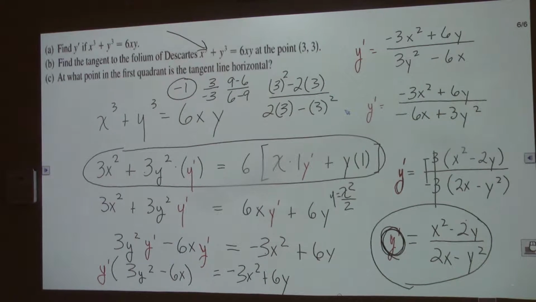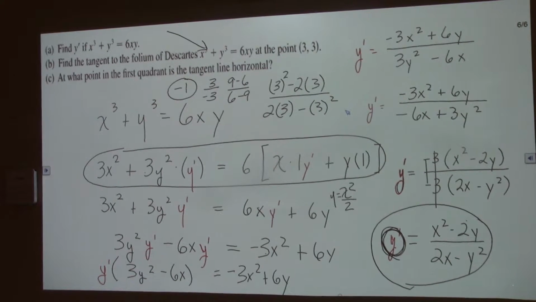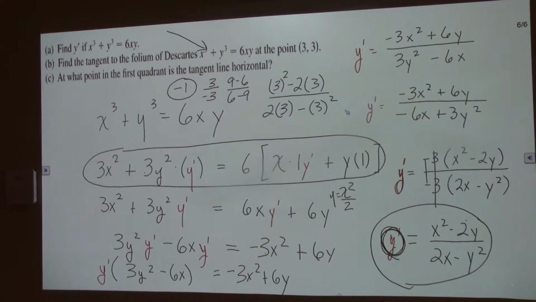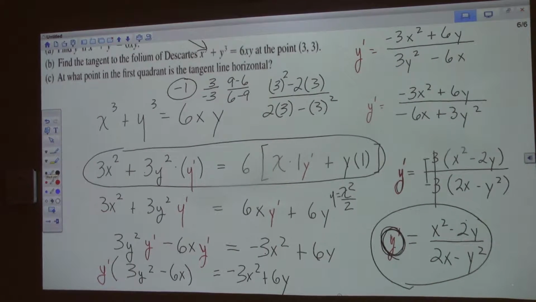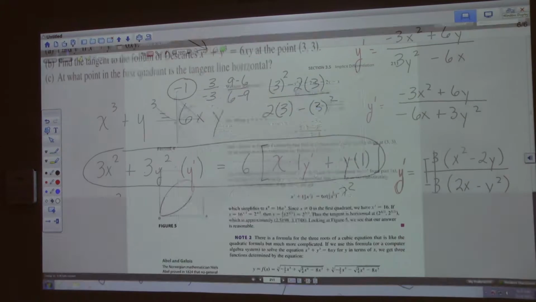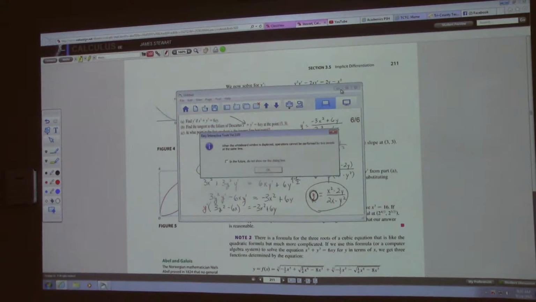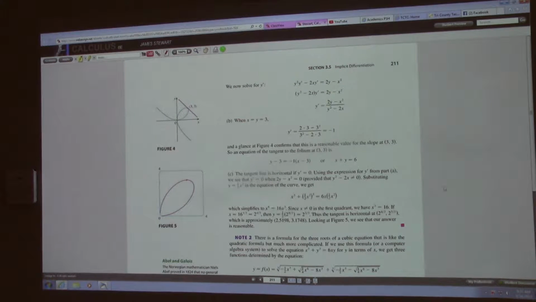I don't know if that's what they got as the answer. They plugged in 0. Is that what they got? Okay, nobody's going to talk to me right now. That's fine. Tangent line, horizontal, yeah, right there.